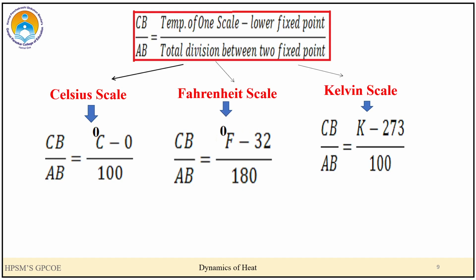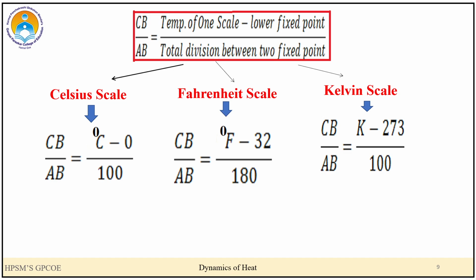So basically we can write for the Celsius scale, Fahrenheit scale and Kelvin scale: for the Celsius scale, degree Celsius minus the lower fixed point, which is 0, divided by the total division between the two fixed points, which is 100.